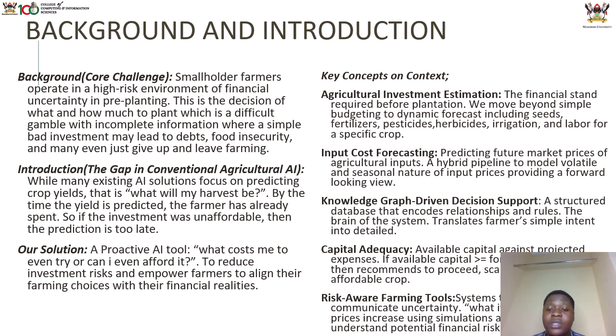Then capital adequacy, available capital against the projected expenses. So, what's the available capital? The available capital is the money at hand. Then the projected expenses are the predicted total cost input that the AI will predict.